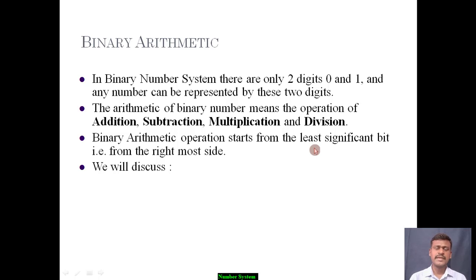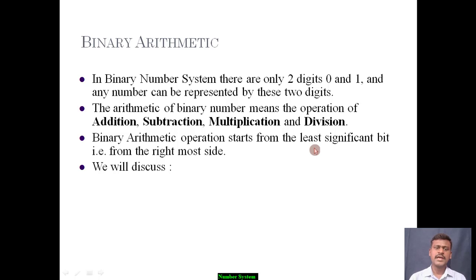For example, we can represent any number from the octal, hexadecimal and decimal number systems using binary numbers, that is 0 and 1. So arithmetic of binary numbers means the operations of addition, subtraction, multiplication and division.